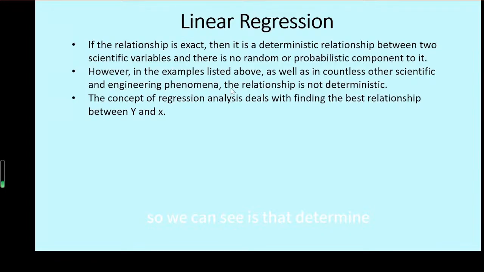So we can see it's a deterministic relationship between two scientific variables. But why, in the real world, do children of the same age have different weights, and houses of the same size have different prices? This means that in the relationship between x and y, there are some non-deterministic factors, right?